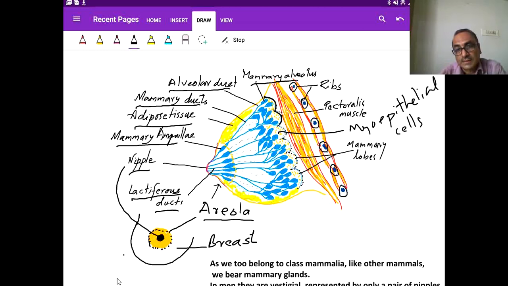Hypothalamus secretes and releases the oxytocin hormone, which is collected in the posterior lobe of the pituitary, and that oxytocin, as well as prolactin from the anterior pituitary, these two hormones come into the bloodstream, and they bring about the milk letdown. Actually oxytocin is called the milk letdown hormone.